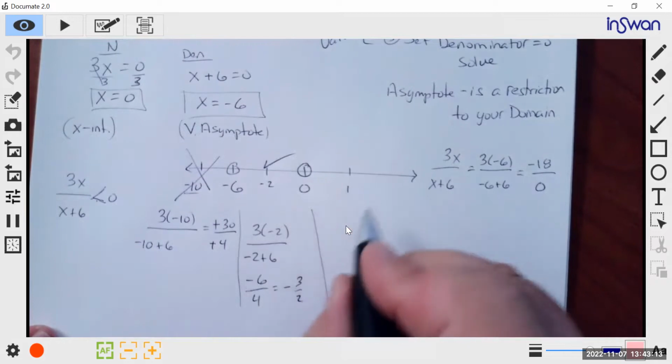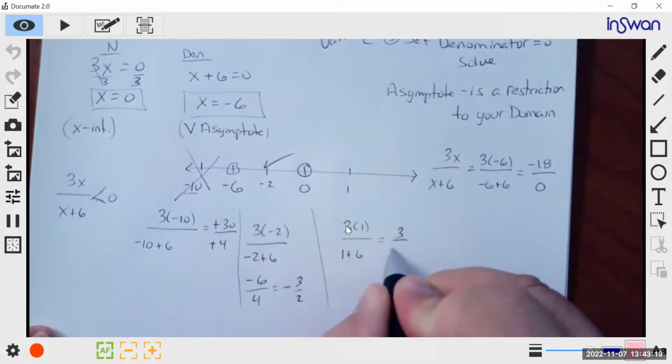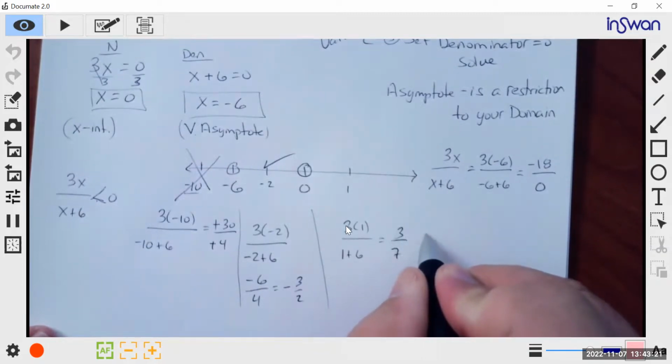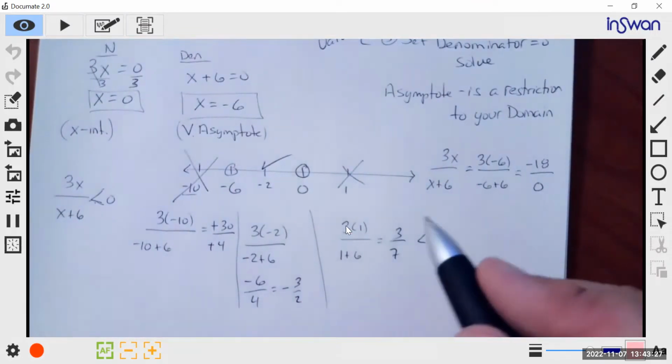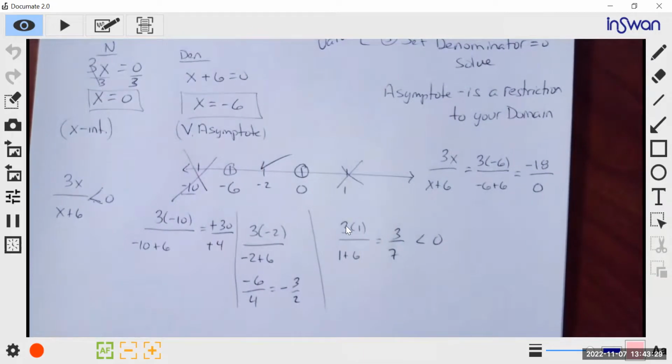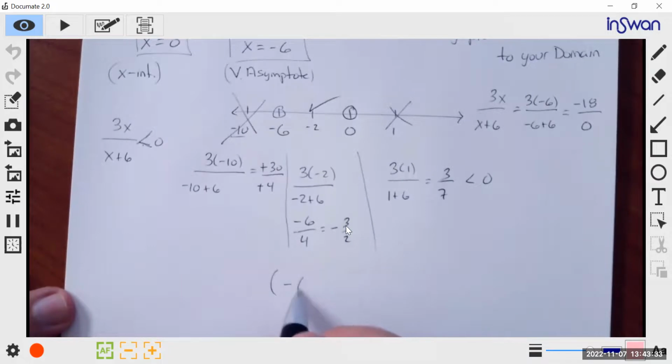Let's try 1. 3 times 1 over 1 plus 6 is 3 over 7. Is 3 over 7 less than 0? No. So my only solution here is from -6 to 0.